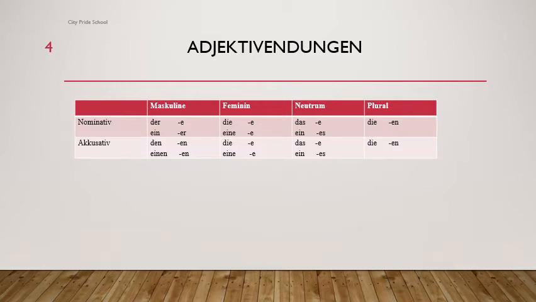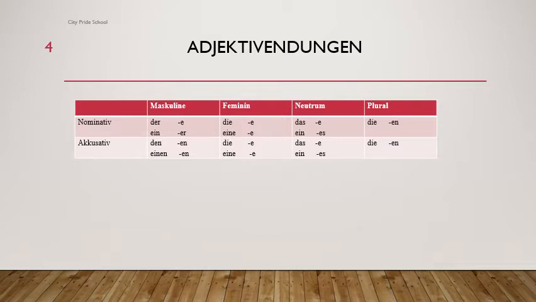This table is actually very easy. You can simply see, if den is there, you can put en, or einen is there, you can put en. Directly you see the article. Or for example, meinen is given, meinen is equivalent to einen, so you can put en. Or for example, diesen is given, diesen is equivalent to den, so you can put en.